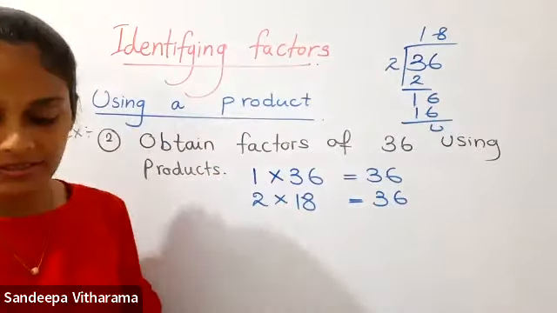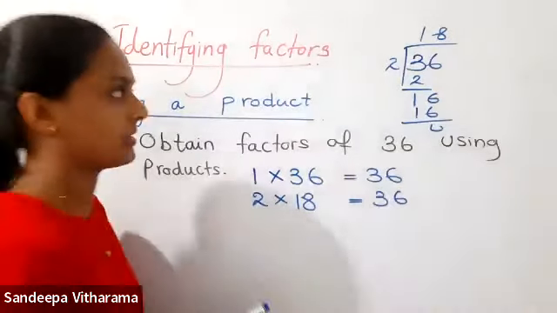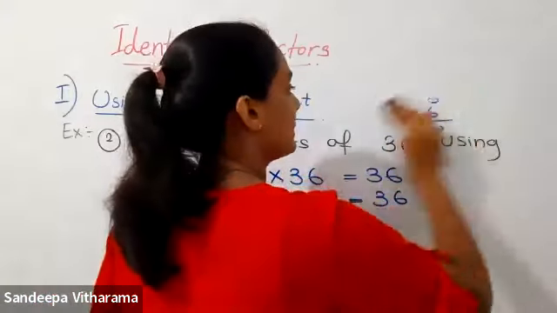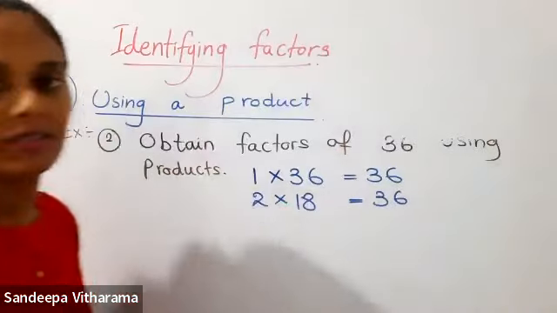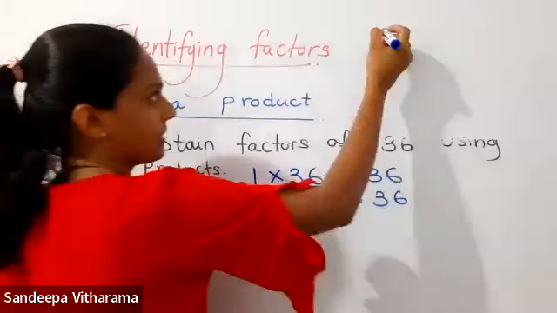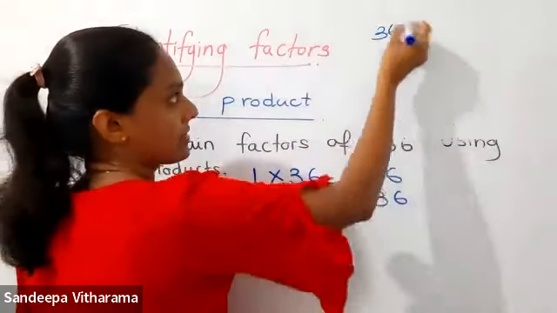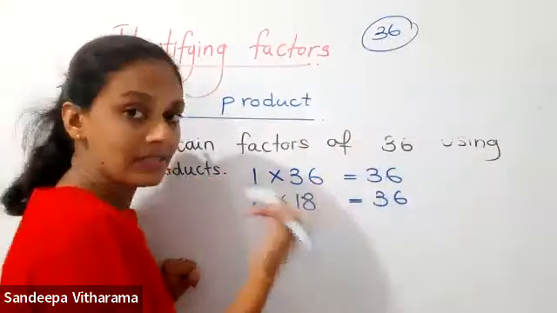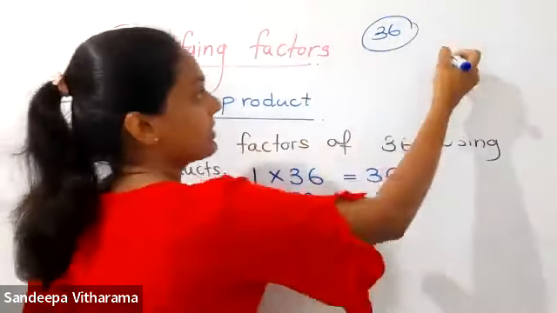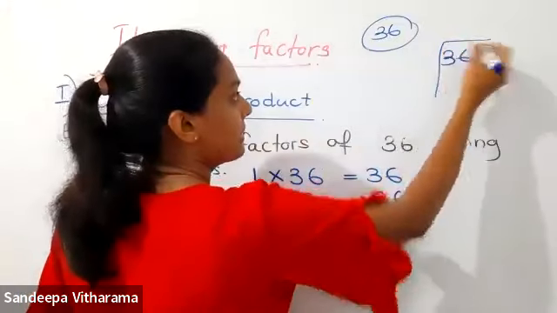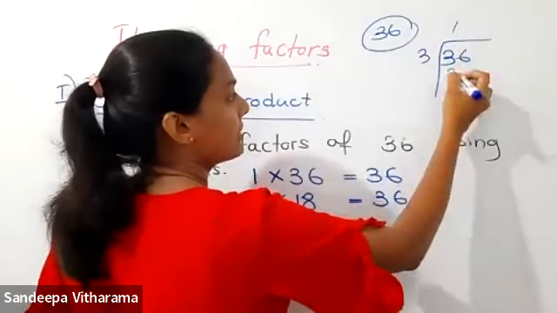Divide by 3, whether it is divisible by 3. How do we identify? 36. 3 plus 6, it is 9. That means 36 is divisible by 3. Let's divide.